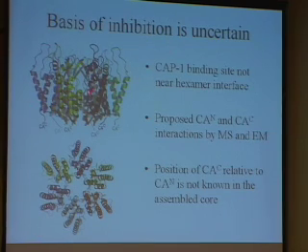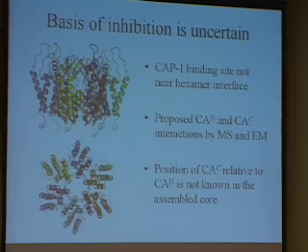Here's a model of the capsid N-terminal domain hexamer that occurs during core formation. And if you can make this out, these are stick models of CAP1 bound to the apical site of the capsid N-terminal domain. Now this location will not affect the hexameric interface.